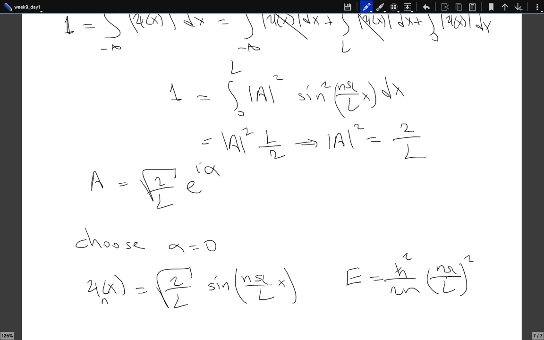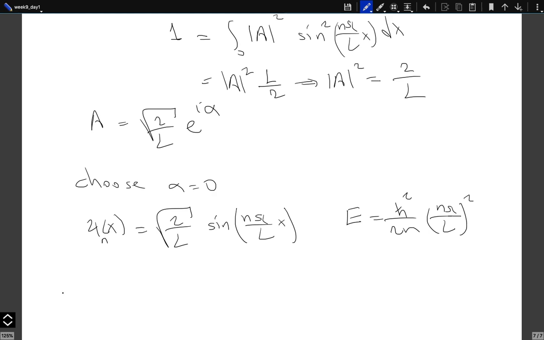You see, the probability distribution is A squared times sine squared of n pi over L times x. But I already know the absolute value of A squared.